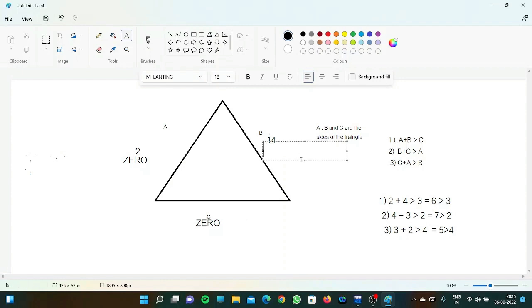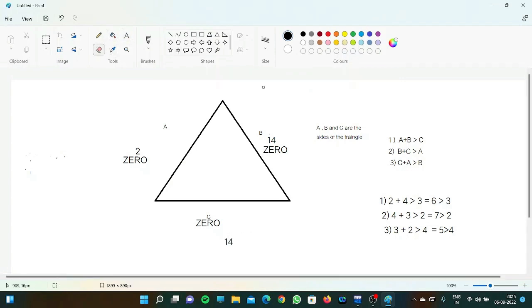Okay, now then consider this as 0 and this as 14 only, right. Now our first condition is not satisfied, that is A plus B greater than C, because A plus B is not greater than C. So this is our invalid triangle. I was just trying to give you an example of an invalid triangle. That's why it took so much time. Otherwise, the concept might have been clear, right?